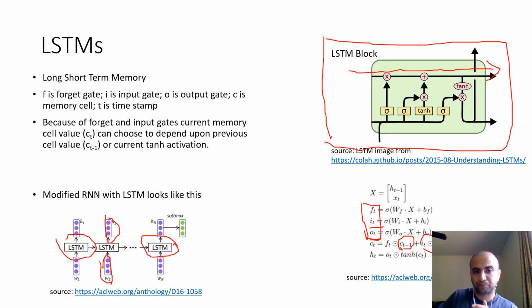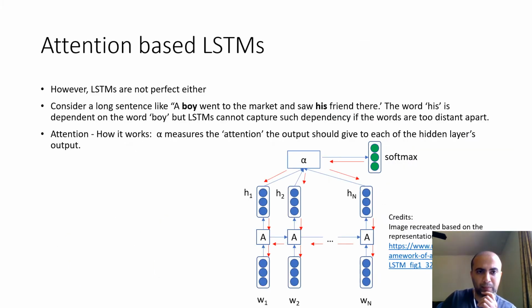Now let's look at what is the need for attention. Consider this sentence: a boy went to the market and saw his friend there. The word his is dependent upon the word boy.